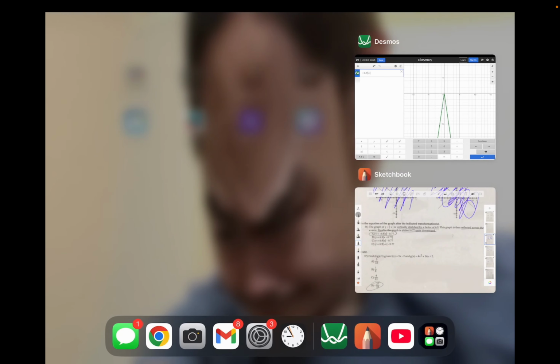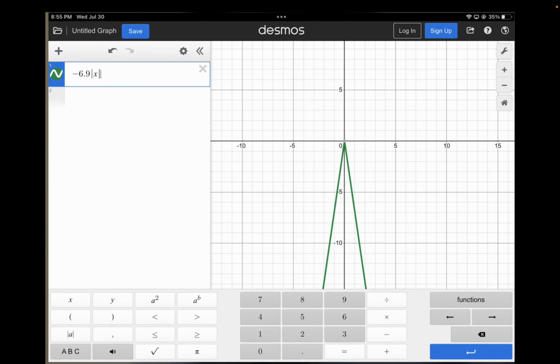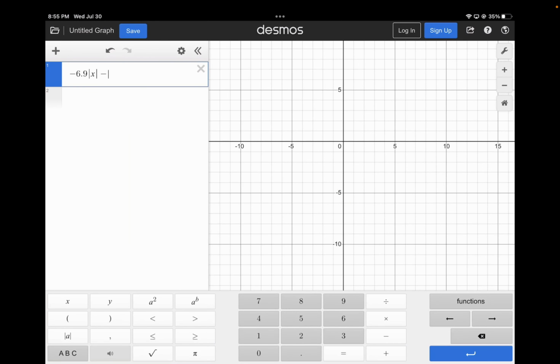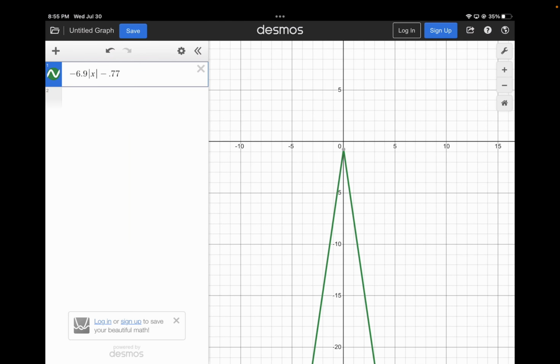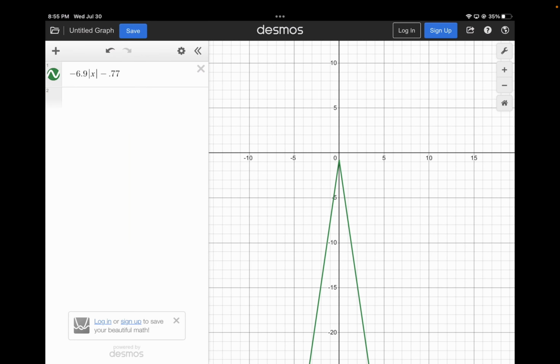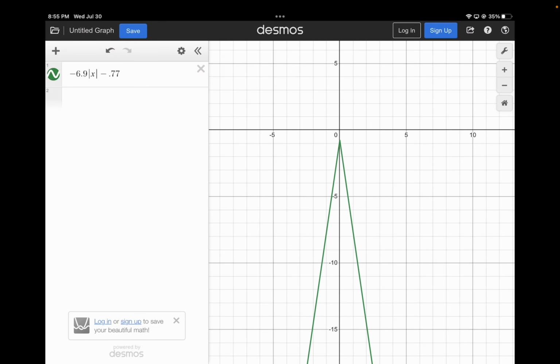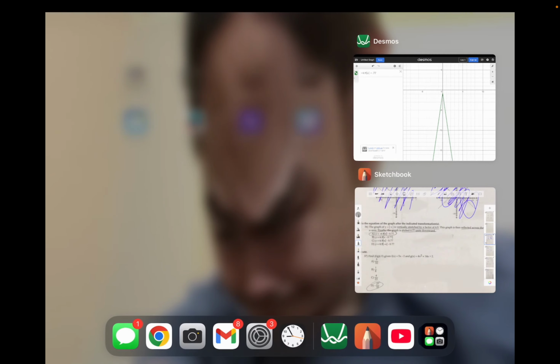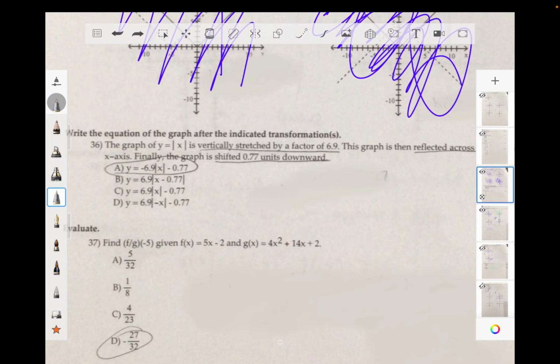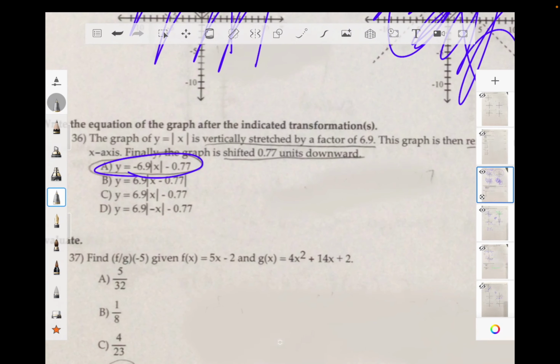Okay. Then it is shifted 0.77 units downward. So downward is negative, and 0.77 is this vertex right here. So, I just showed you how to write it. Stretch or shrink, you're multiplying.